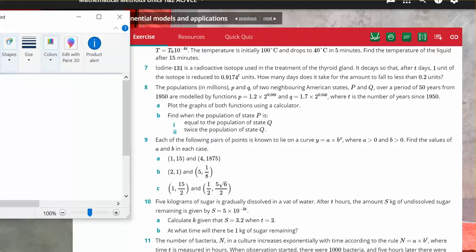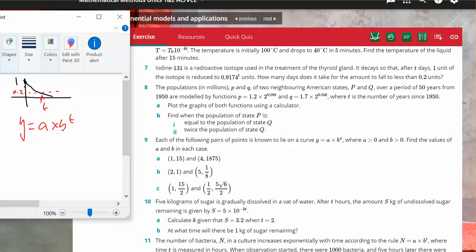Okay, so really simple. The scenario is you're starting at 1 unit, it's decaying exponentially, and you're just trying to find when it goes below 0.2 units. So you're just trying to find that T when that happens. You're going to use the model y equals a times b to the power t.